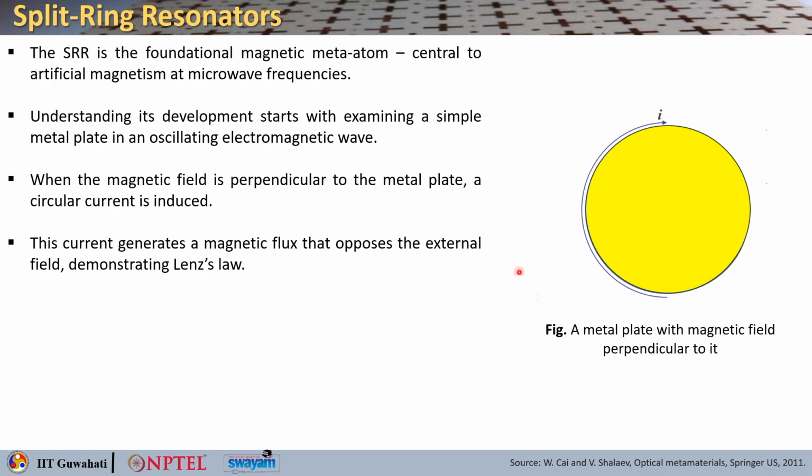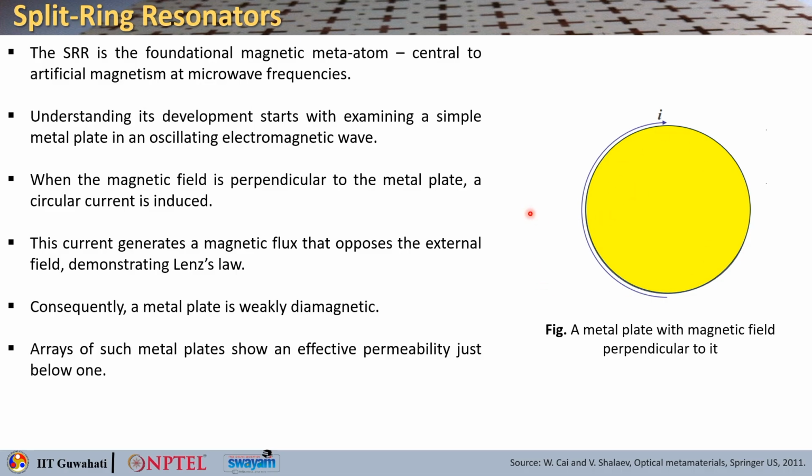Now, this current will generate a magnetic flux that opposes the external field, and that is described well by Lenz's law. So, that means this metallic plate behaves like a weakly diamagnetic material. Now, an array of such metallic plates can show an effective permeability just below 1.